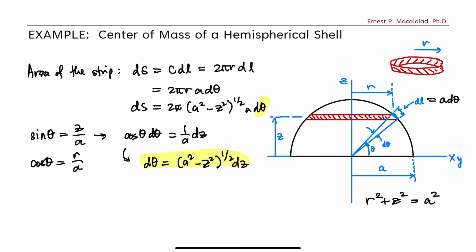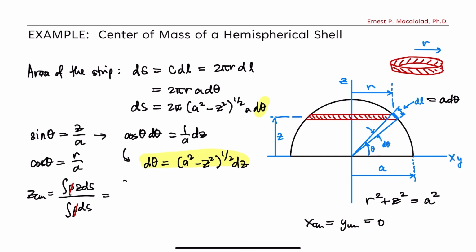Again, by symmetry, the x and y components of the center of mass are 0. So we're now left with z CM, which is equal to the integral of rho z ds divided by the integral of rho ds. Here we can cancel rho, and then we can substitute our earlier results.